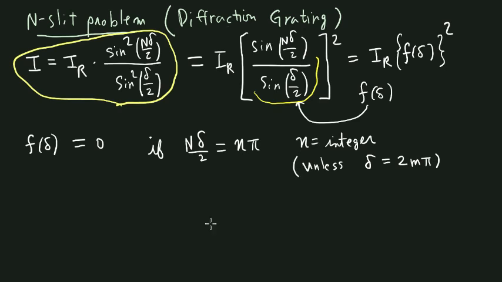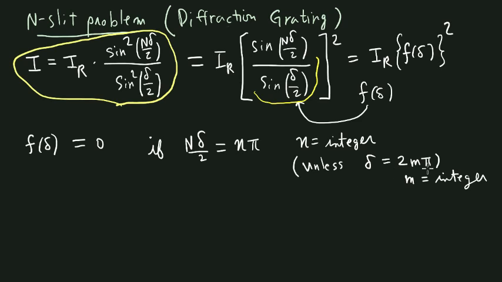So let me repeat. If the numerator is 0 and the denominator is not 0, then you get f delta equals 0. So that would correspond to minimum intensity. But let's now consider the case when the denominator is 0, namely when delta equals 2m pi, where m is also an integer.